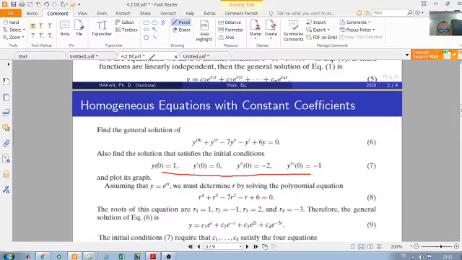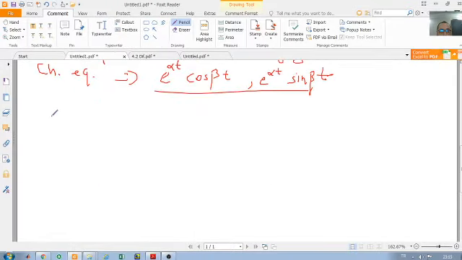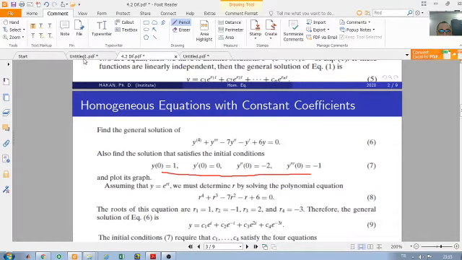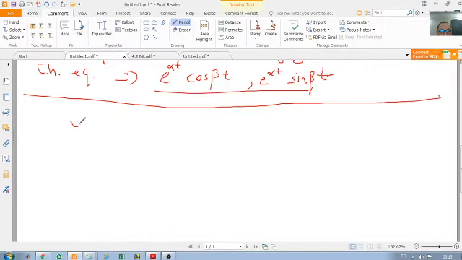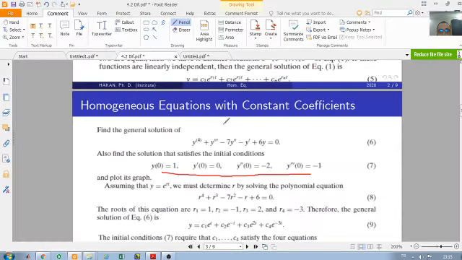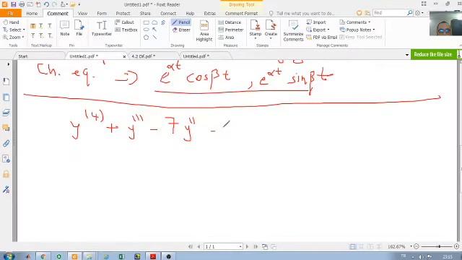So first we should write the characteristic equation of this differential equation. Fourth derivative plus the third derivative minus 7 times the second derivative minus the first derivative plus 6 times y is equal to 0.